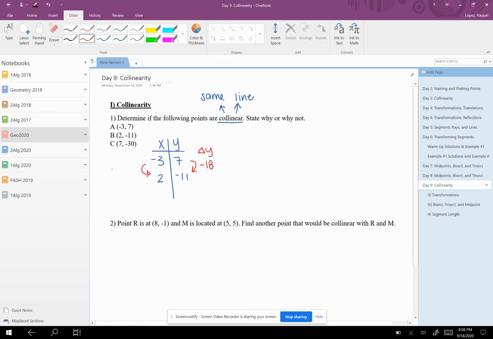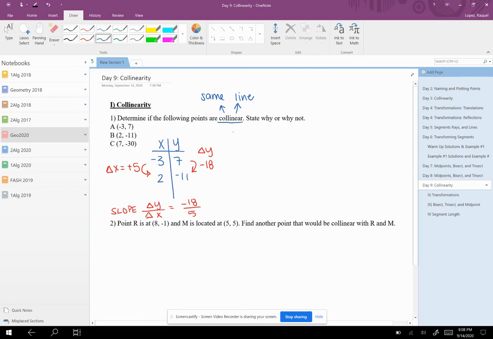Now my change in x, I went from -3 to +2, so that went up 5. So for this table, my change in y over my change in x, aka my slope, was -18 over 5. Okay, cool.